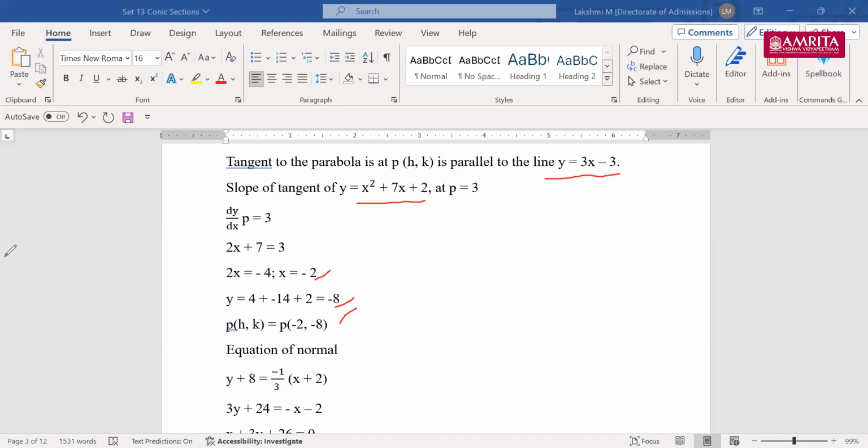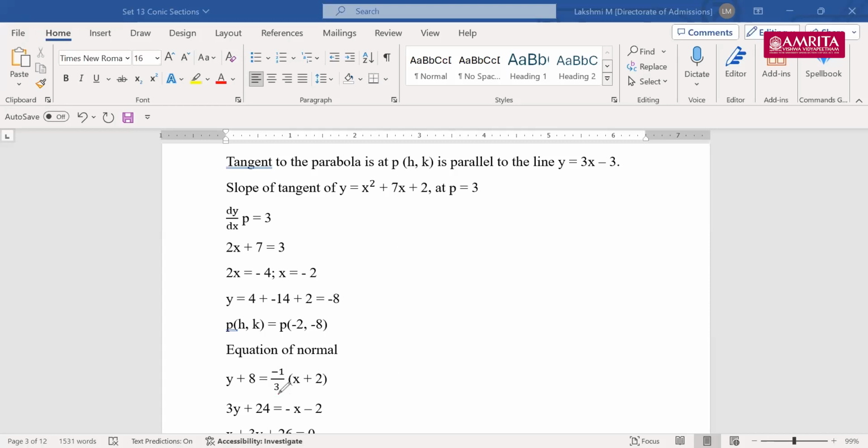The question is asking you to find out the equation of the normal. So what it will be? y minus minus k is equal to, this is the slope which is minus 1 by 3. We know m into m1 is equal to minus 1. So here m1 is 3. So m into 3 is equal to minus 1. So m is equal to minus 1 by 3.